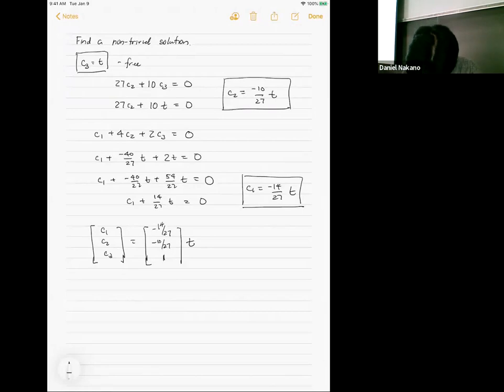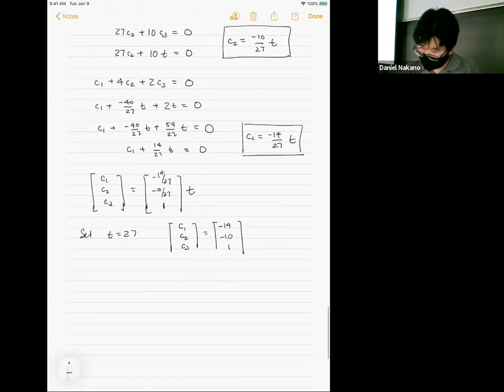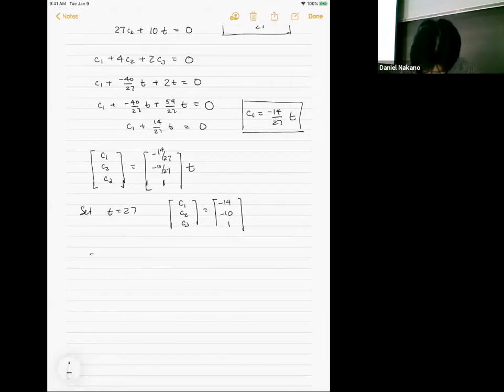So now we set, let's say, T equal to 27. Then I have C1, C2, and C3, and what am I going to get here? I'm going to get minus 14, minus 10, and 1. So we know that minus 14 times V1 minus 10 times V2 plus V3 is 0.